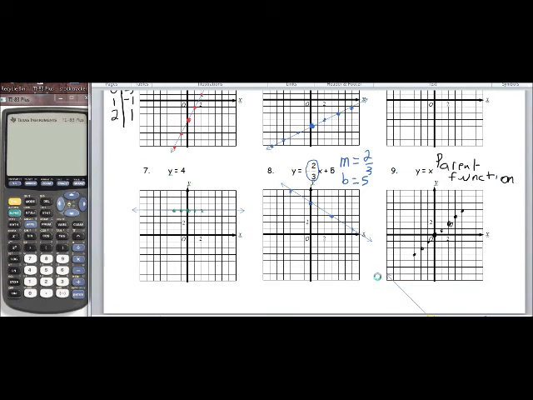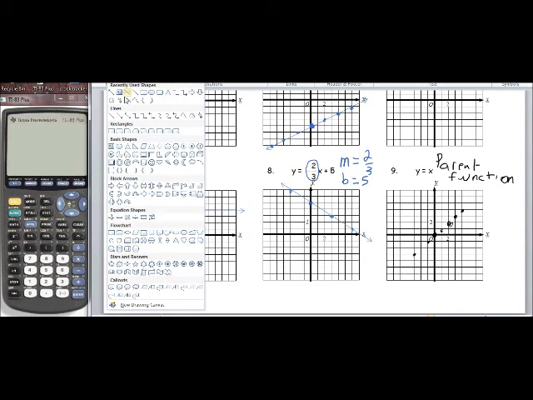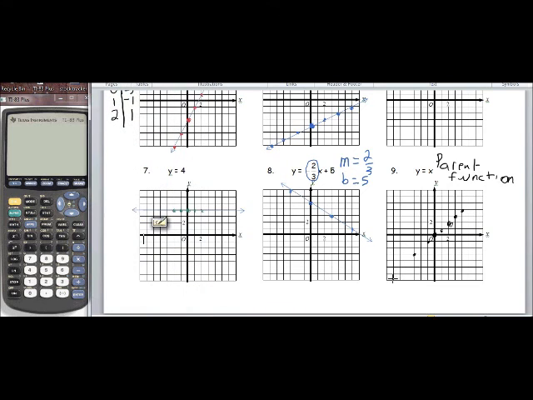Now, I don't like the way that one came out. So let's put in our shape again. So your line should be, if it's a square grid, then it's going to be at a 45-degree angle. And it'll look like that.